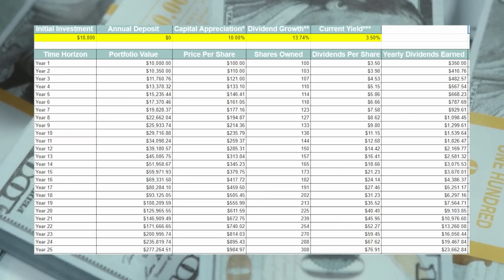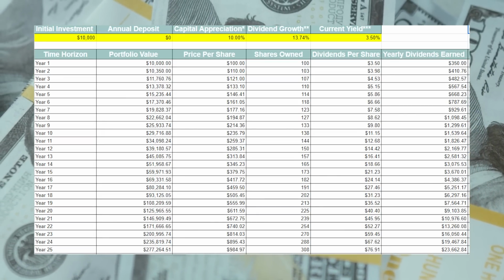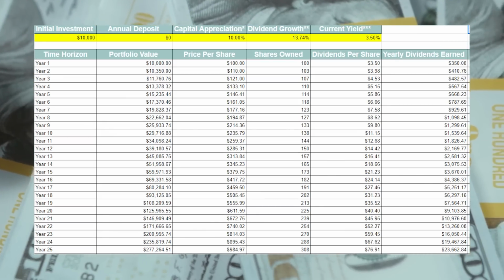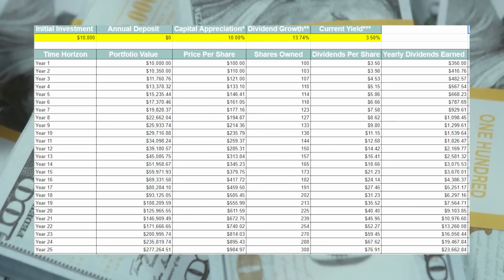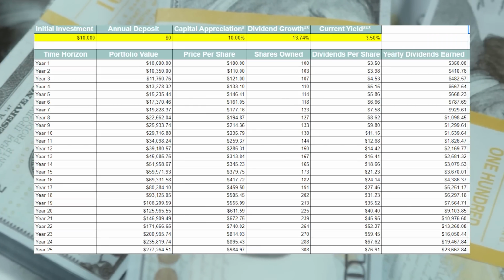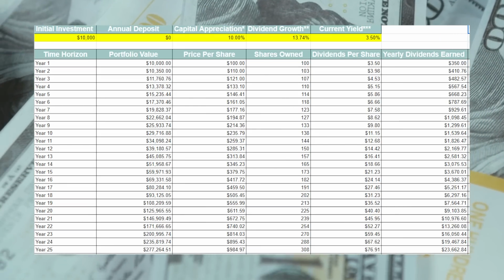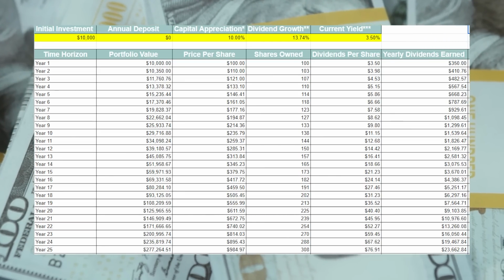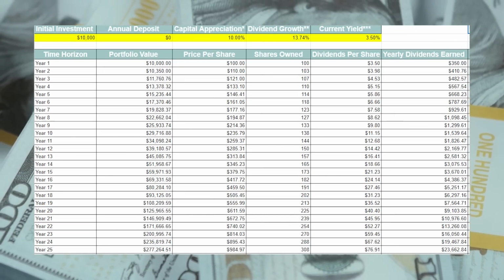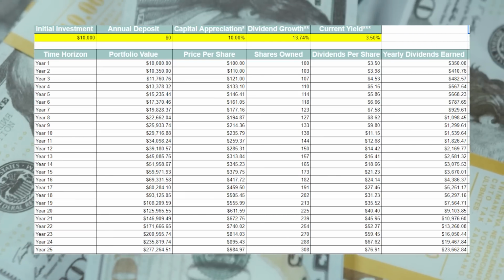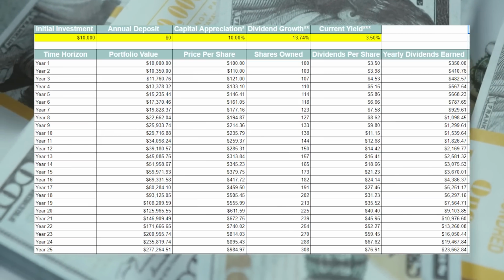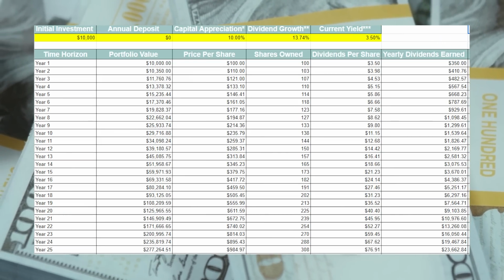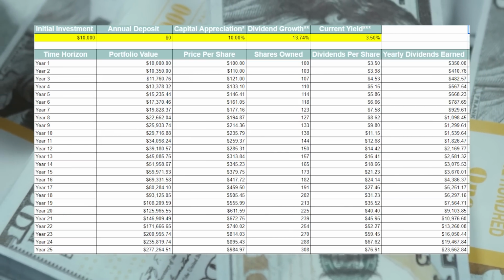By year 5, just by reinvesting your dividends, not adding in any other outside money, just letting the starting yield and the dividend growth rate do its thing, you're up to $670 per year in dividends. Now, the craziest part of all is by year 25, you would be at around $23,662 of dividends per year. And again, this is not by adding any extra money, just by reinvesting the dividends.